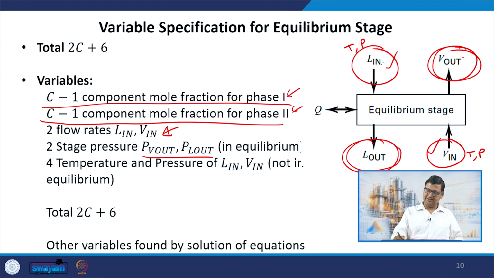Keep in mind that L in and V in are not in equilibrium, but L out and V out are both leaving the same stage, so they are in equilibrium. So temperature will be evaluated from the equilibrium condition. So once we have identified the pressure, we can get the corresponding temperature. So total variables therefore is 2C plus 6 that we can add up and get there.